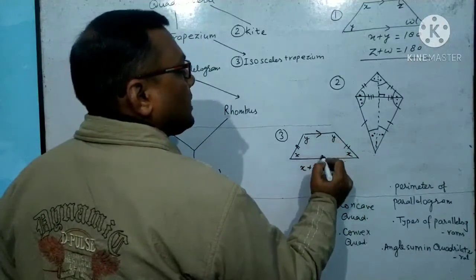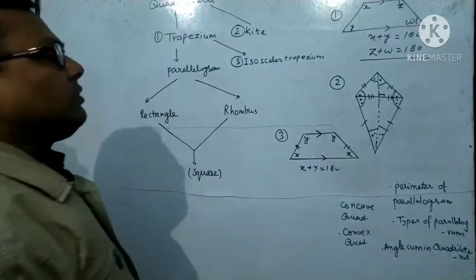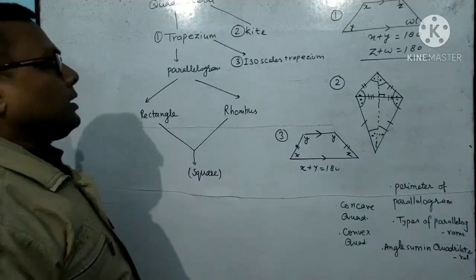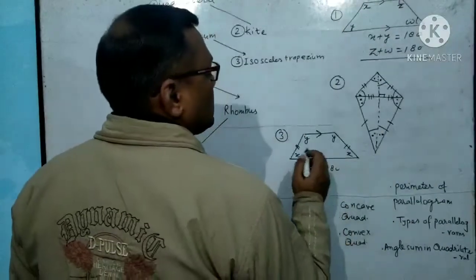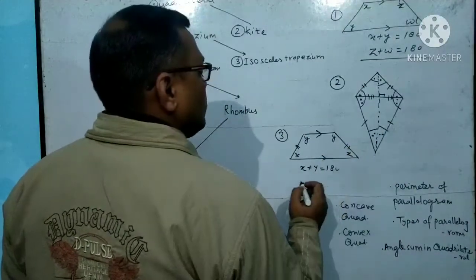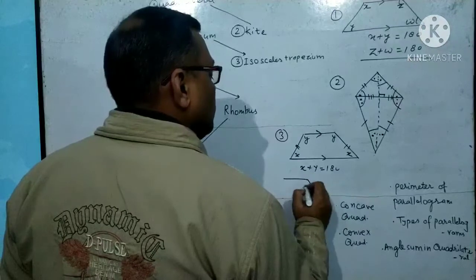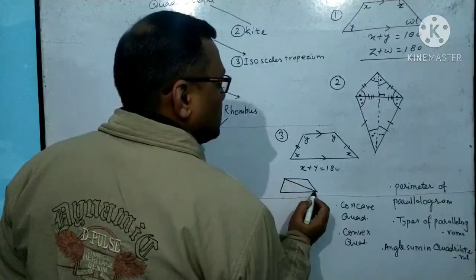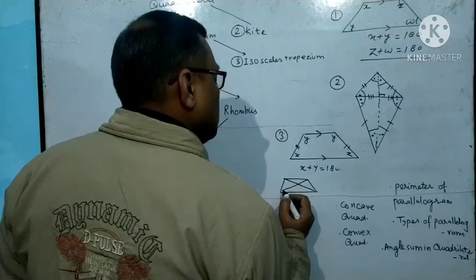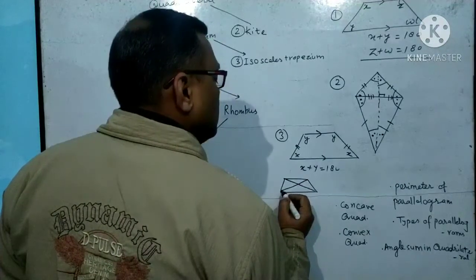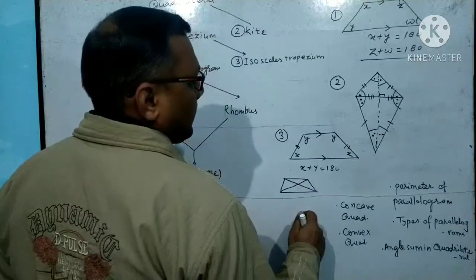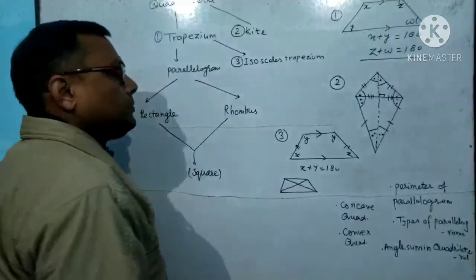These sides are parallel. So this kind of special trapezium is called isosceles trapezium. And if you notice the diagonals, then these diagonals are equal to each other.